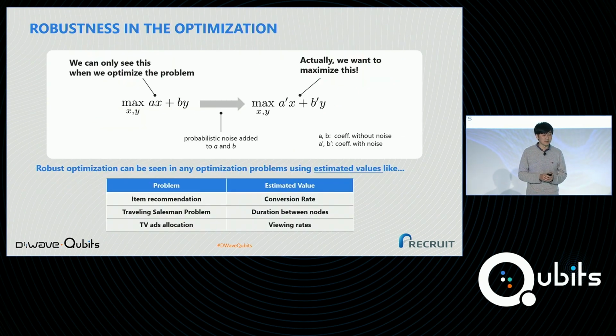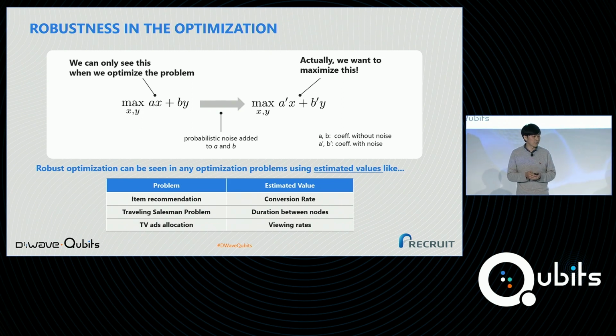Robustness in optimization can actually be seen everywhere. For example, if we have the objective function ax plus by, where a and b are some coefficients, and x and y are decision variables. If a and b are estimated values, maybe at evaluation time, a and b can change.